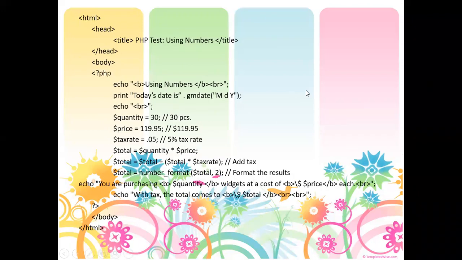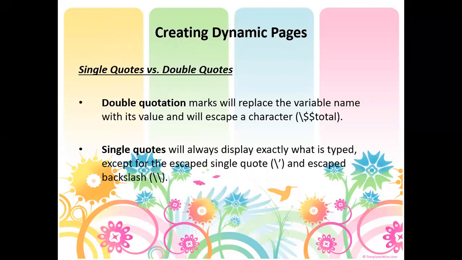So next is, so I've mentioned before, in HTML, they are static web pages. But with PHP, it becomes dynamic. So there's the single quotes versus the double quote. So I've mentioned this before that double quotation marks will replace the variable name.